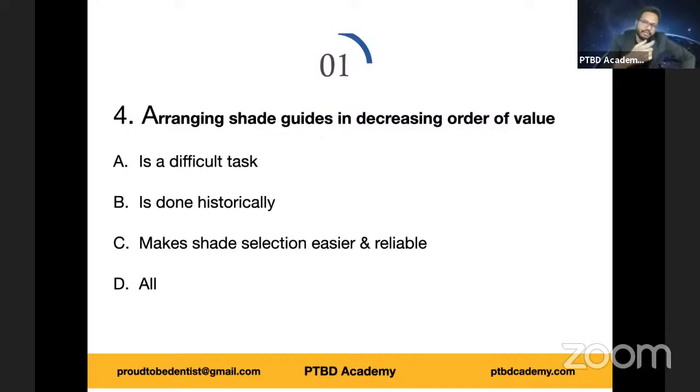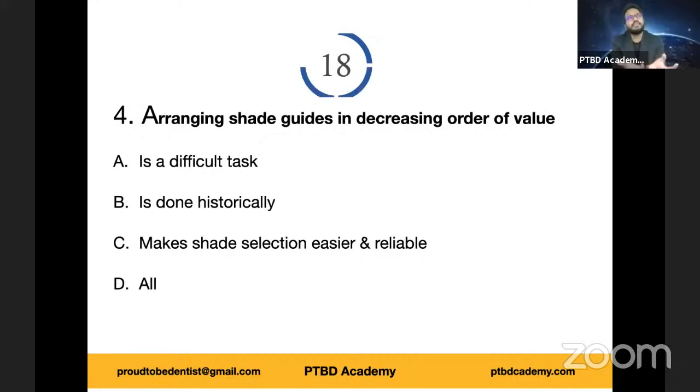First of all, the reason why we are having this rearrangement is because if you carefully observe the teeth, your teeth or anyone's teeth, you'll not see much differences in hue. Hue is almost the same, but the variation comes with value, right? So there is a variation with a value.